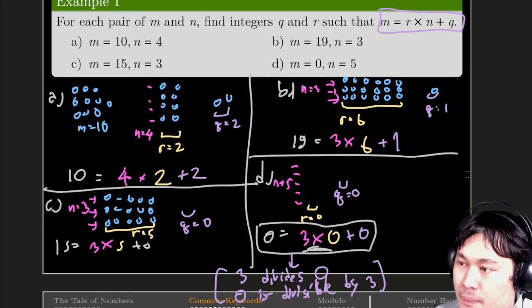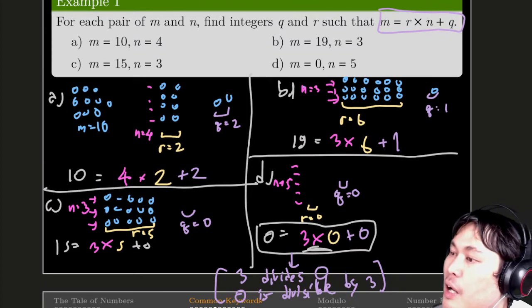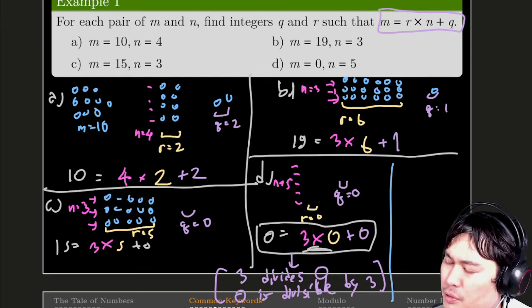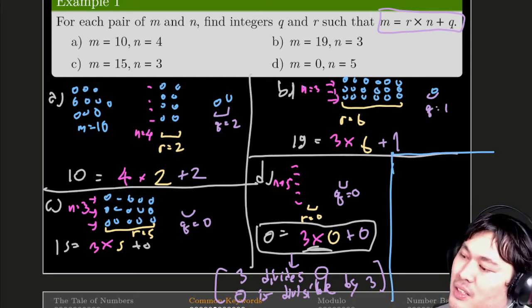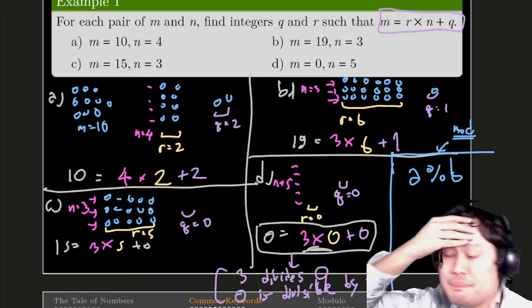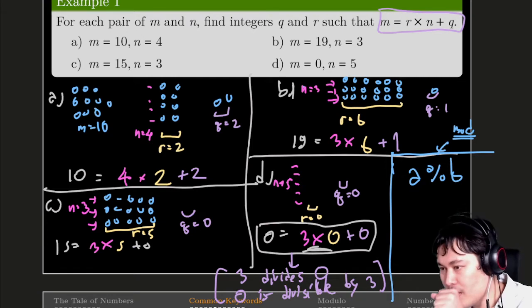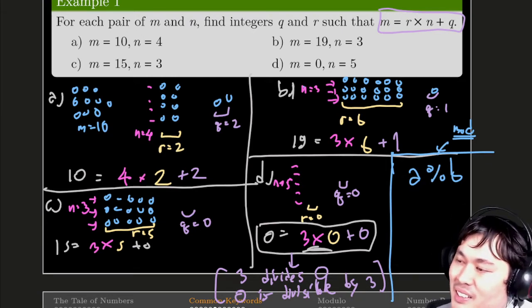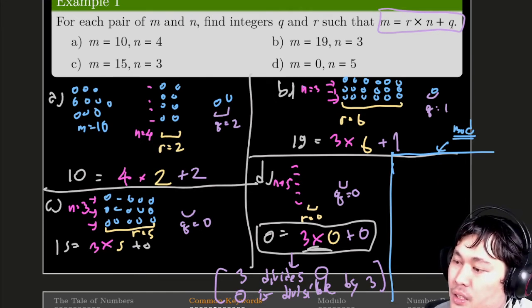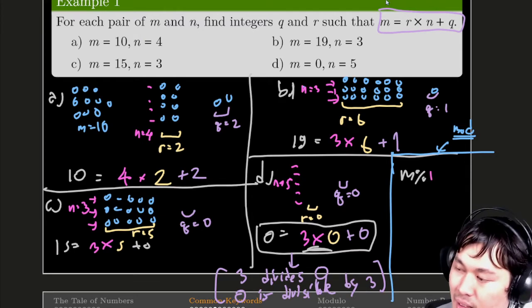Okay, what's next? Oh yeah, but if you see some fancy notation, there's a notation in this case called mod. We're also gonna study this in a moment, but for now you can mod a number, in this case m by n.